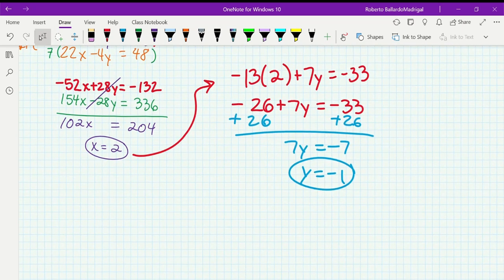We're going to take one of the equations from the very beginning, either equation A, B, or C, and we're going to put x and y into that equation to get our final answer of z. I'm going to use equation A, which is 5x minus 2y plus z equals 11.